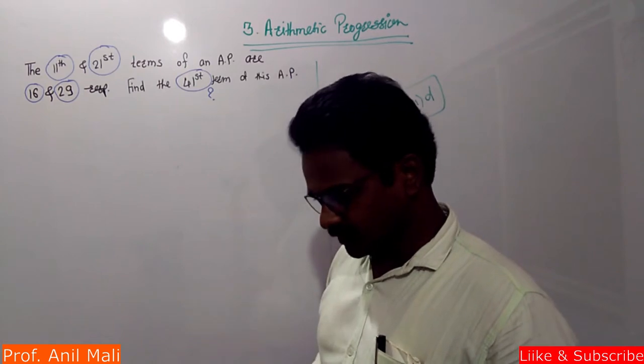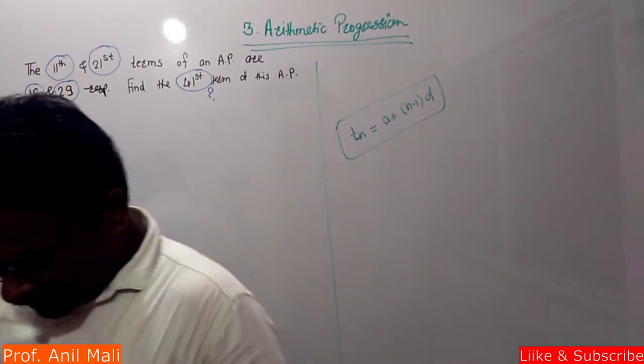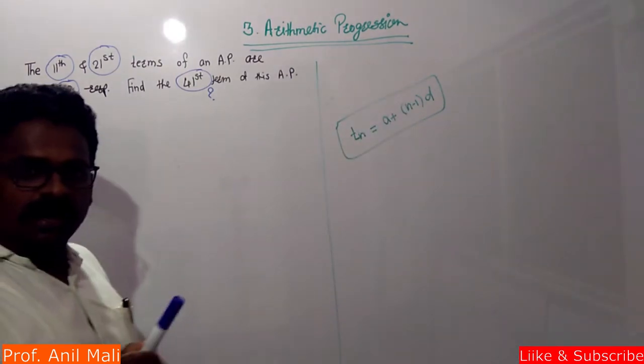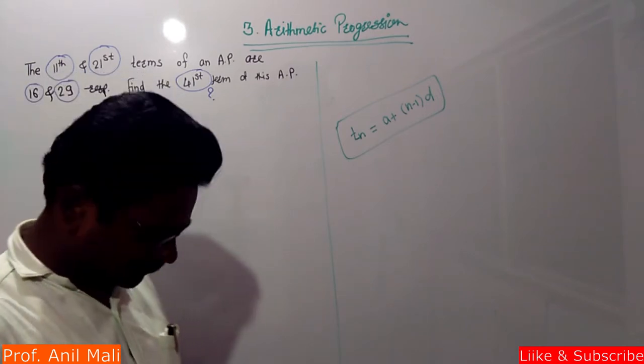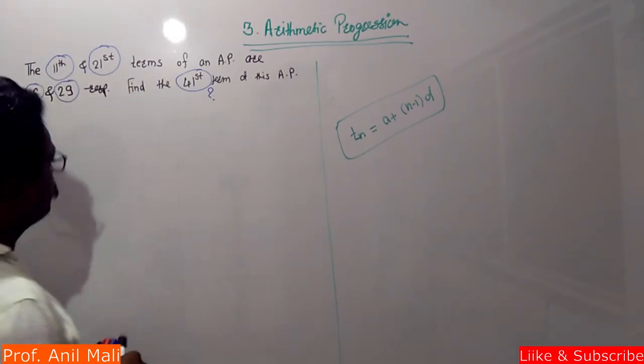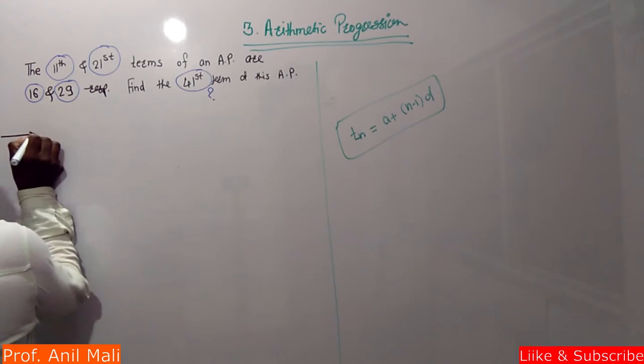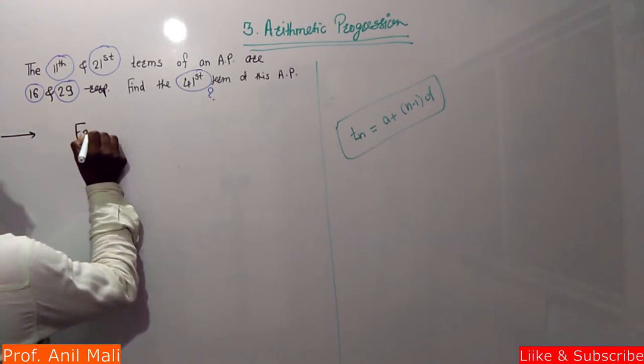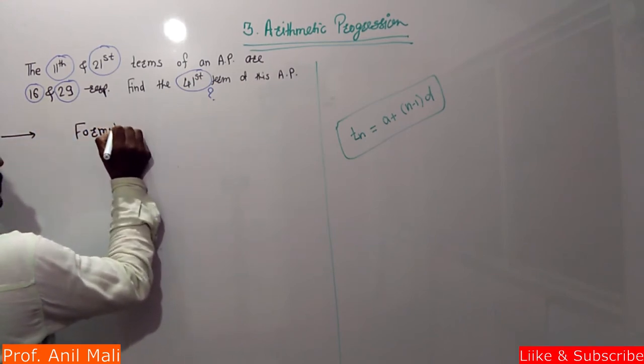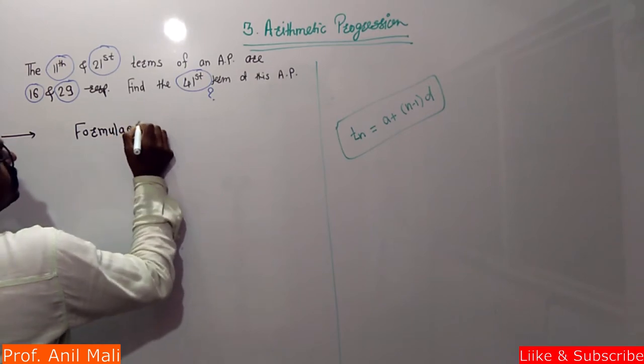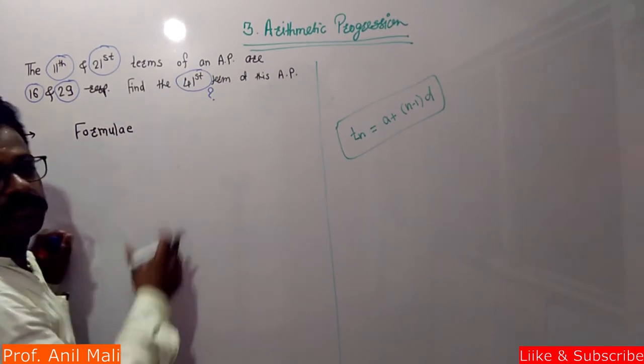Now how can we solve it? See, they have given us two terms and we need to find out a third term. Before writing anything, just mention the formula every time. That will be supplementary for your solution.